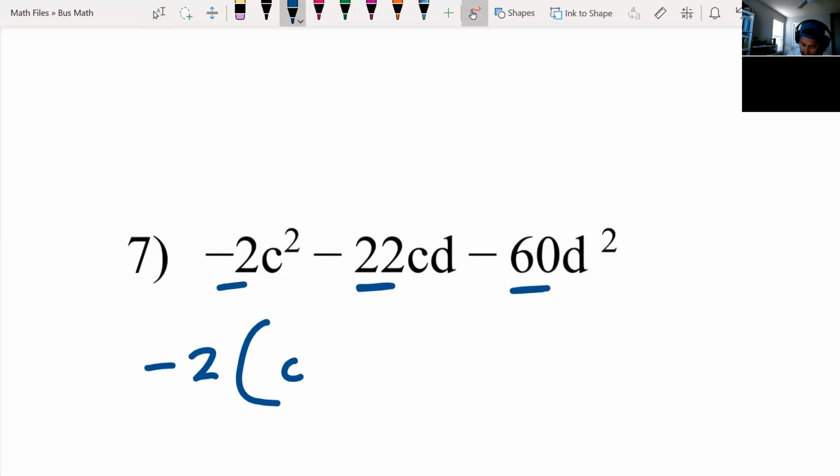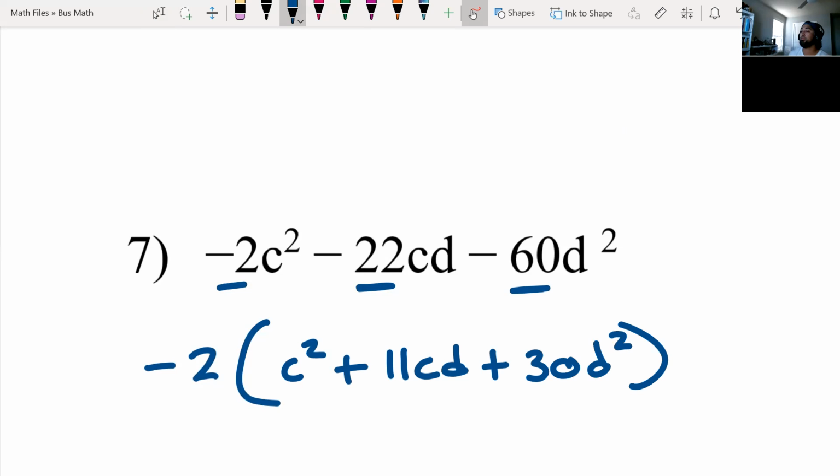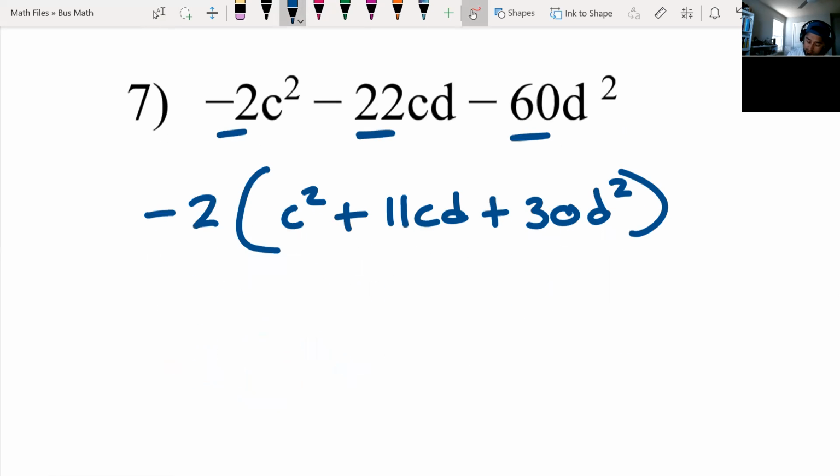C squared plus 11cd, plus 30d squared. There we go. And now we get the quadratic that we need.